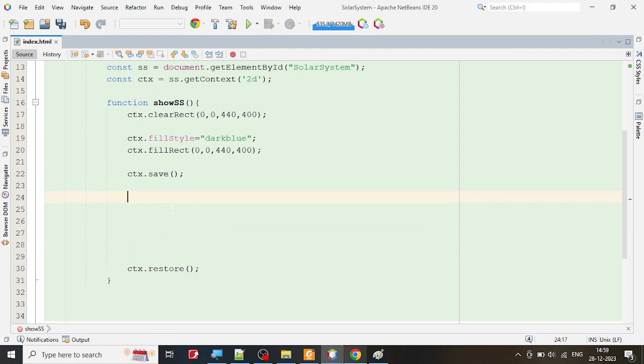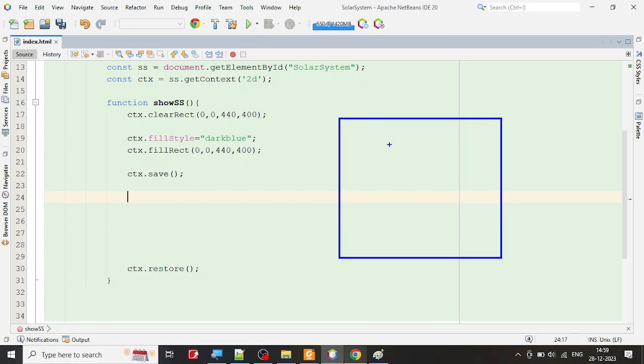Now let's draw the sun right at the middle. What I have here is my rectangle. Assume that the rectangle is filled with the blue color. Now I'm going to put the sun, which is going to be yellow in color, and fill that sun.